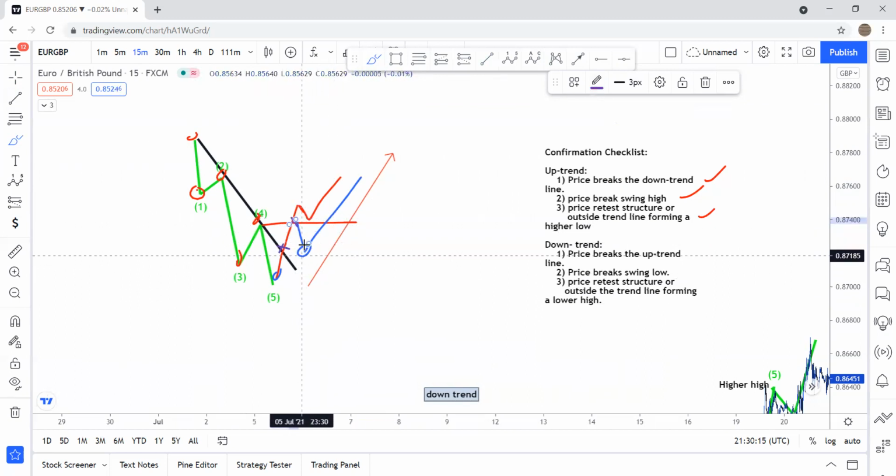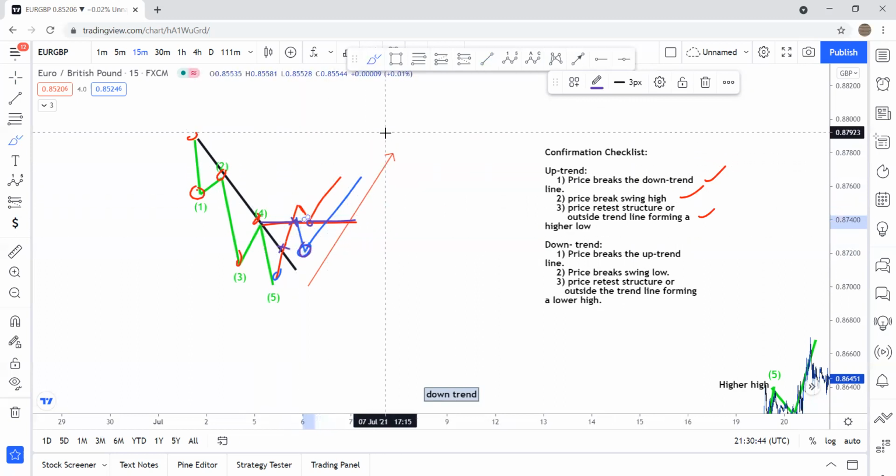The third step is either to retest down to this area, and this is usually going to be a 618 retest on the fib level, guys. I'm going to explain Fibonacci in another training as well. Or it's going to retest on top of this structure right here. These are the two things we're going to look for, and that's going to establish the uptrend, and we can start looking for price to go up.